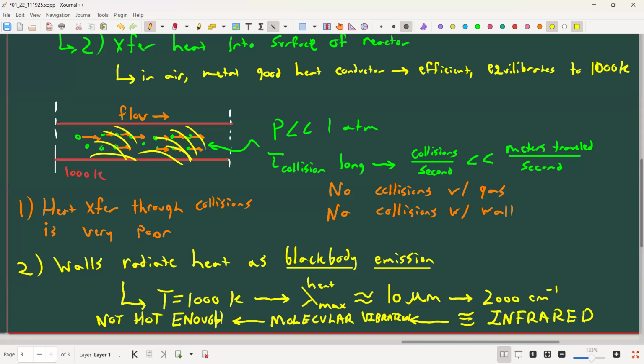And so the actual temperature inside the chamber is much colder than it is at the surface. Right? So if this surface is at 1,000 Kelvin, then the temperature of the gas is only 600 Kelvin on the interior. There's a temperature gradient.